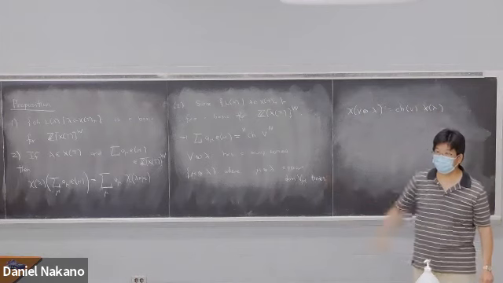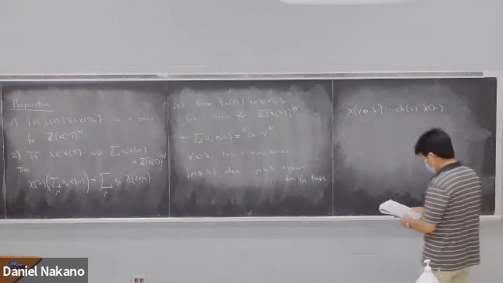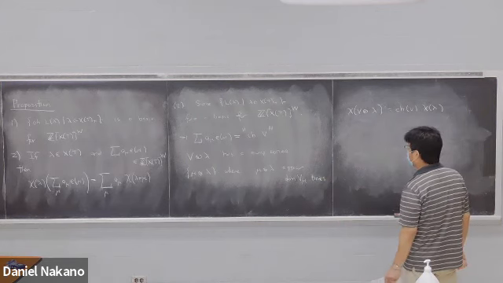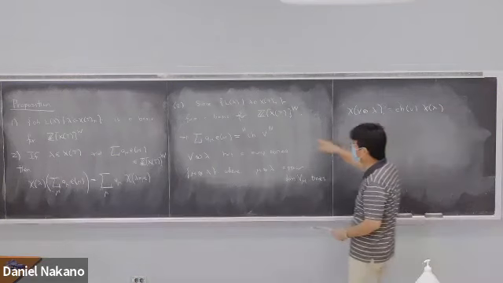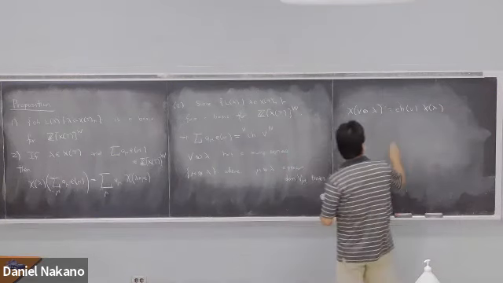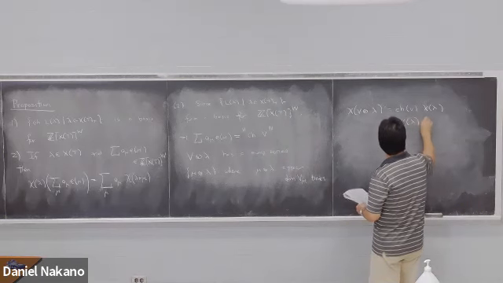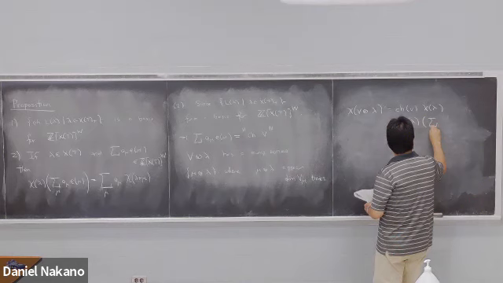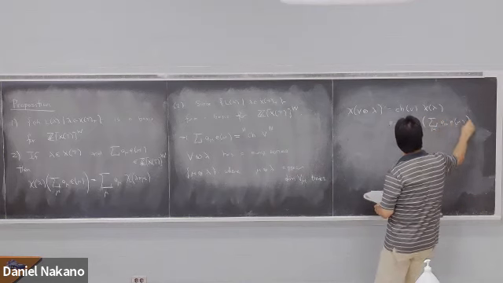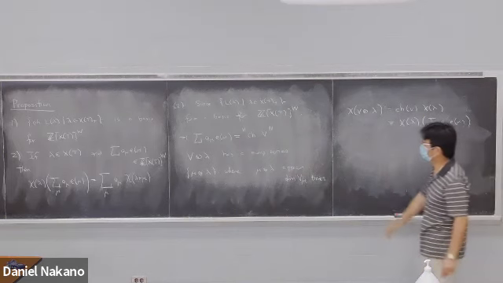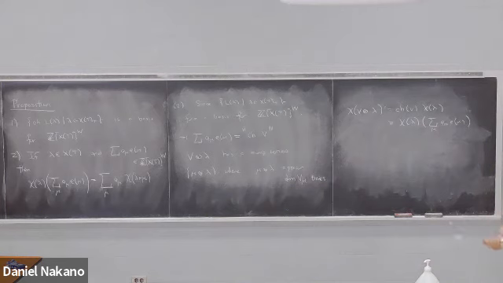That's from the previous formula. And I'm going to replace this character here by this sum over here. So this is pi lambda times the summation over mu. That's one way to compute V tensor lambda.